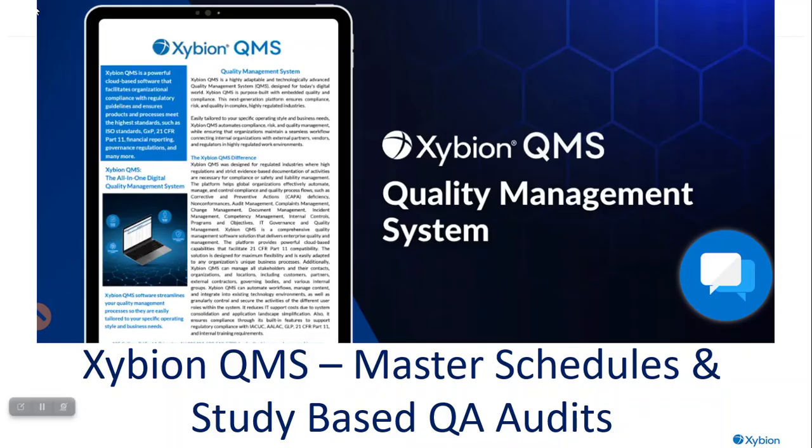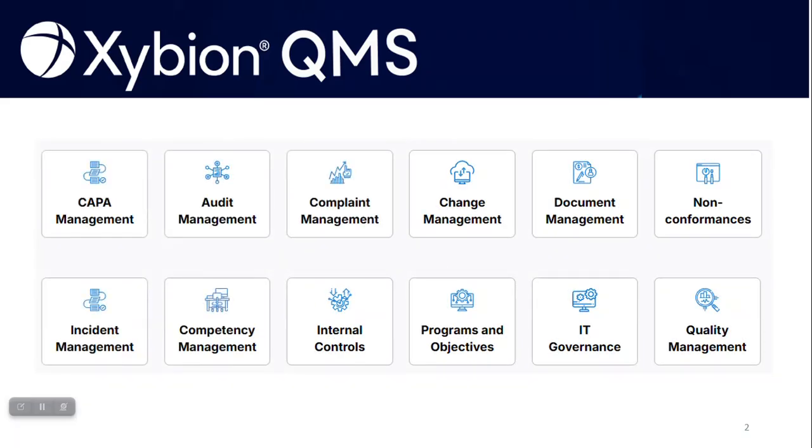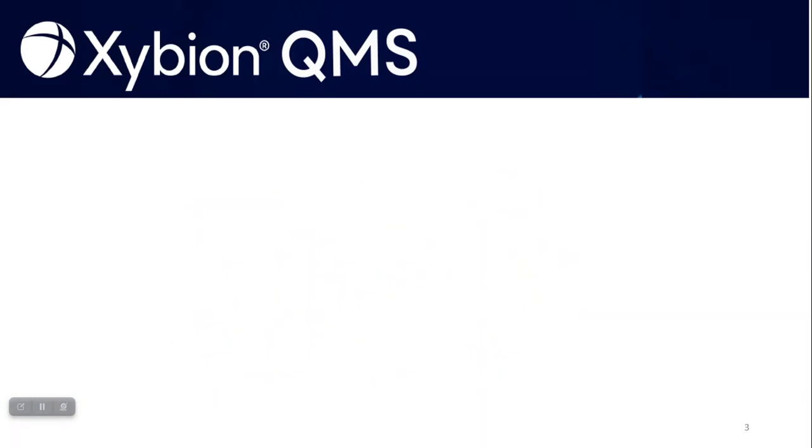The quality management system contains all of the modules that are integrated to have, again, end-to-end quality management capabilities. And part of that is the master schedule.